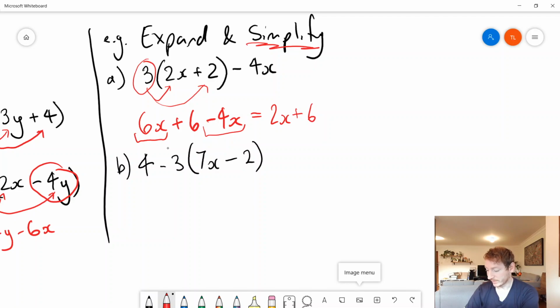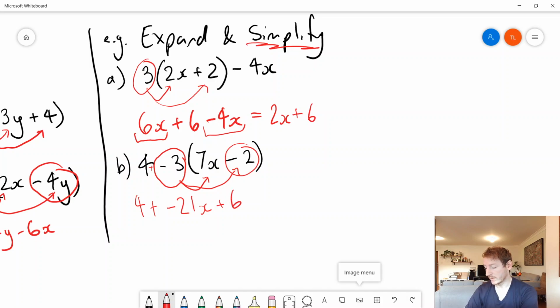Out the front of these brackets, I'm going to do it this way. It's a negative 3. We just need to remember to put a plus in here, or we're going to forget what to do. So 4 plus negative 3 times 7x is negative 21x, and negative 3 times negative 2 is positive 6.